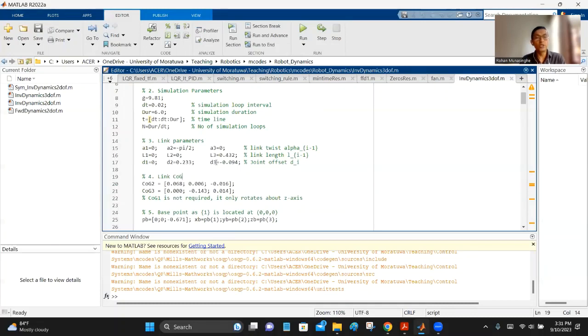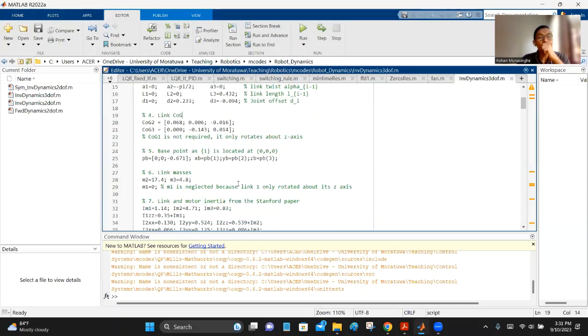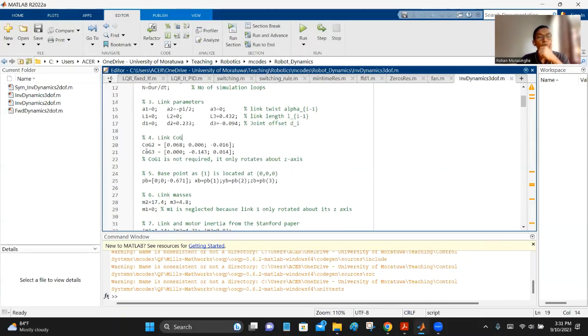So the variable is Q1, Q2, Q3. Now, the center of gravity of the second one and third one are like this in X, Y, Z, with respect to its own coordinate frame, for links 2 and 3. COG1 is not required.